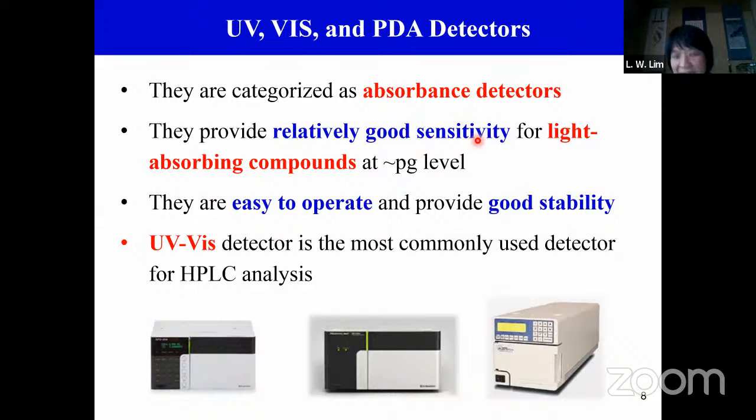Not so high but not so low, it's in the medium. So it is already good enough. If you optimize the conditions, if you optimize your injector, you can get very good sensitivity, depending on your sample or how you optimize your system.